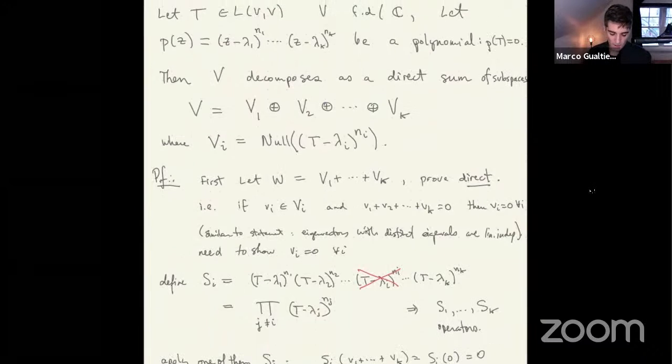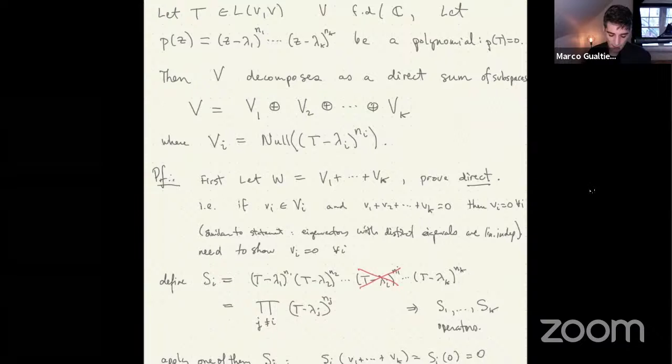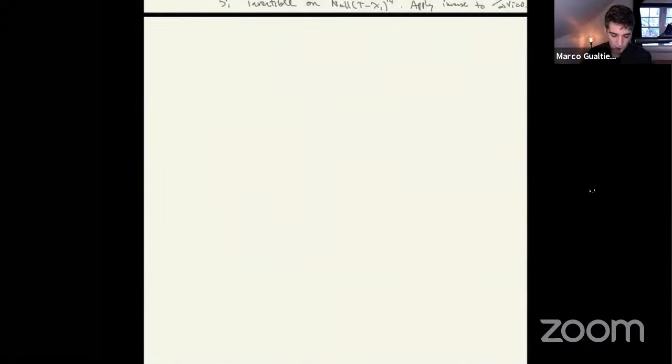So what that means is that if you take a vector in V_i, and apply T minus lambda to it, let me just make a comment about this null space.